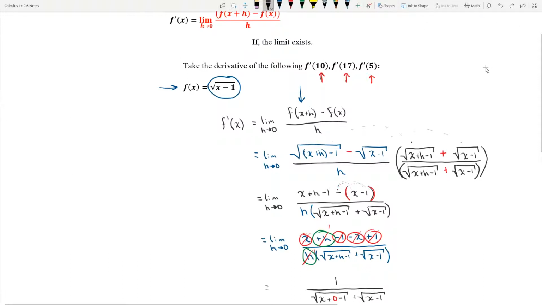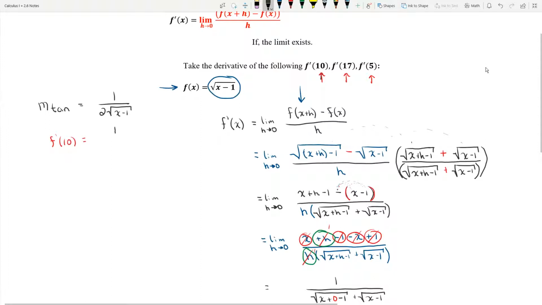I will just simply write our equation of the tangent line here. And it was 1 divided by 2 times the square root of x minus 1. So let's go ahead and begin plugging in our values. So if we take f prime of 10, f prime of 10 is just simply going to be f prime of 10.